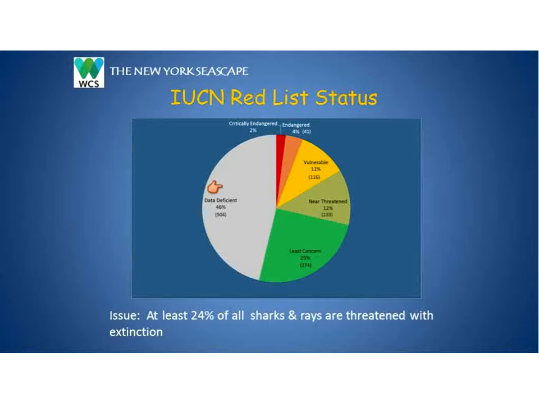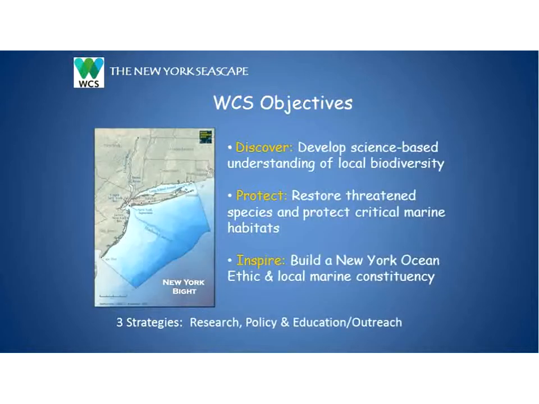And what you will see here is that we don't know the status of almost 50% of them, but we do know the status in these three categories: critically endangered, endangered, and vulnerable. And then if we include some information that we know about these data deficient animals, nearly 25%, a quarter, of the world's sharks and rays are now threatened with extinction. And that has largely been driven by this insatiable demand and fishing pressure for their various products.